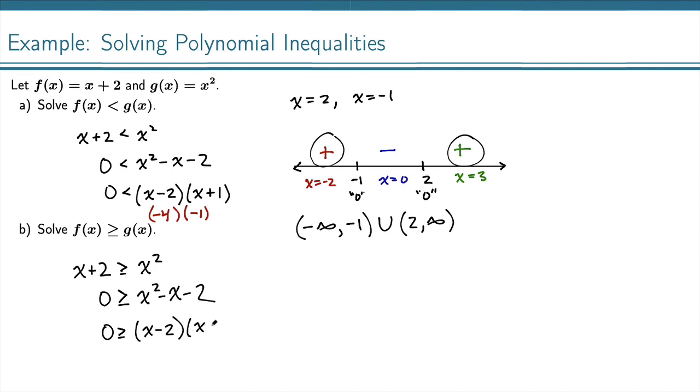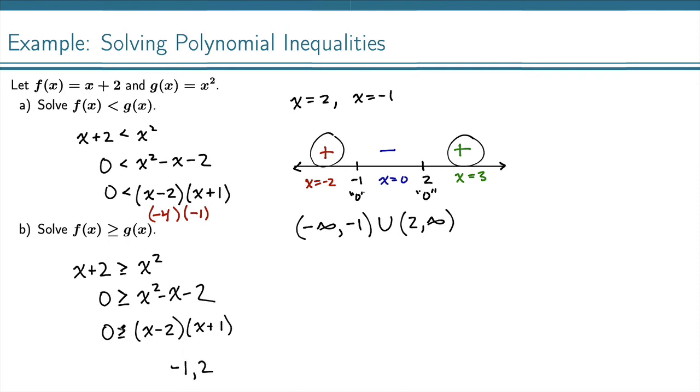Now we've found all the zeros, and we already did our number line here, and we know where it's positive and negative. Looking at what we want, the polynomial that we have here to be less than or equal to 0, meaning now we're looking for when it's negative, and we see that it's negative between negative 1 and 2.